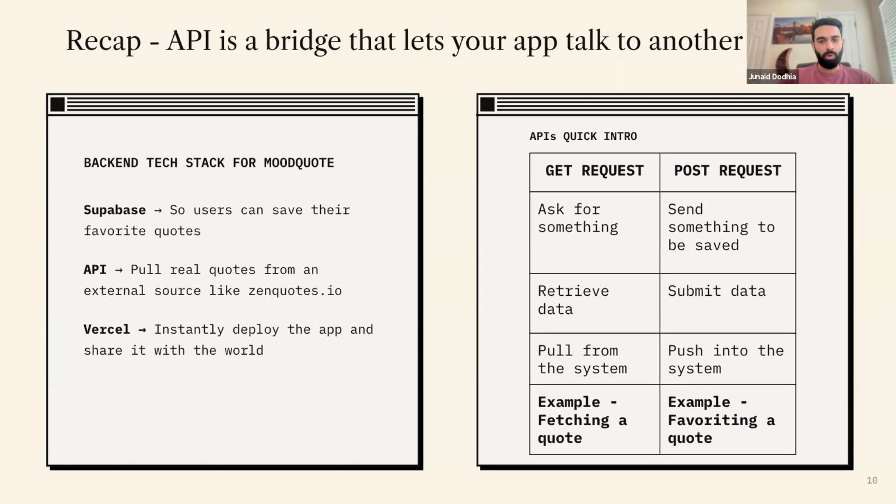So a brief recap of what we covered last time. Our backend tech stack for this application is Supabase for storing data, an API like Zen Quotes for pulling real quotes on the basis of the mood input, and Vercel to deploy our application.